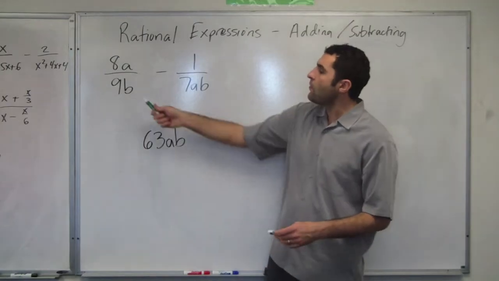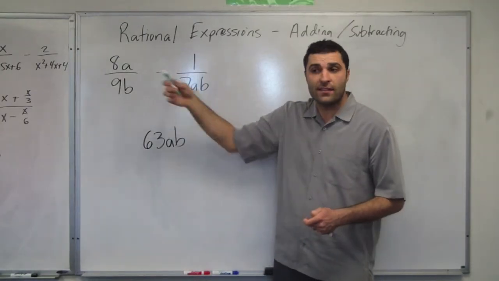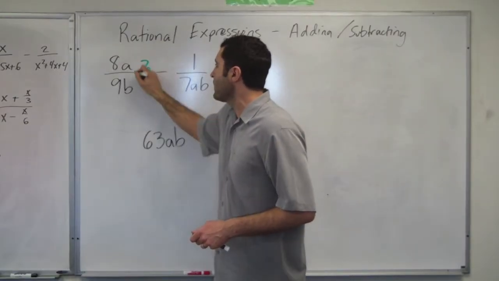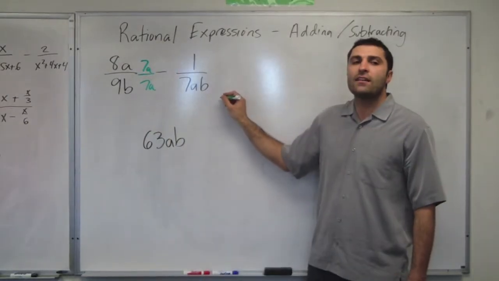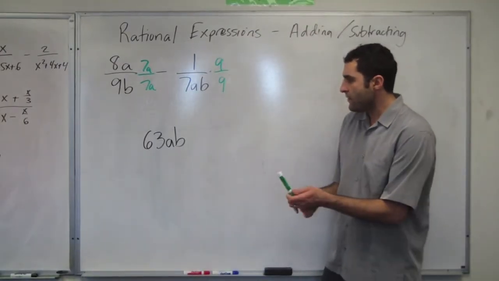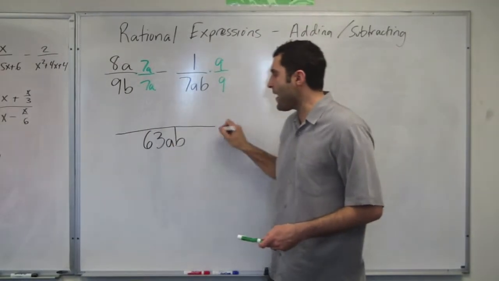So, what does 9B need in addition? 7A, top and bottom, multiply. What does 7AB need, top and bottom? 9.